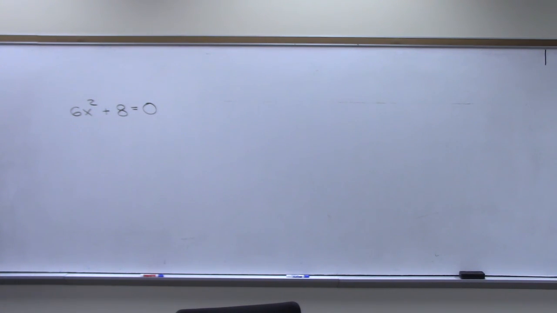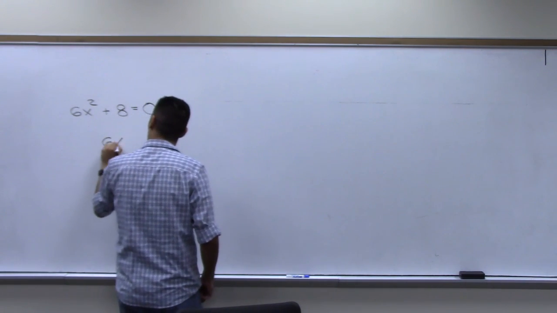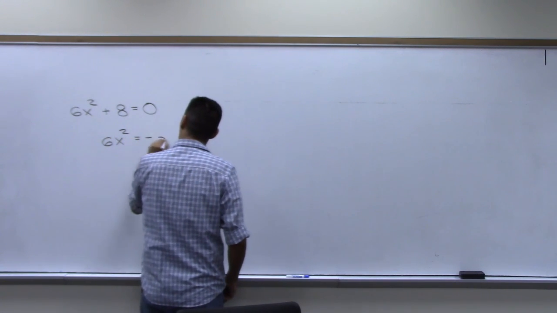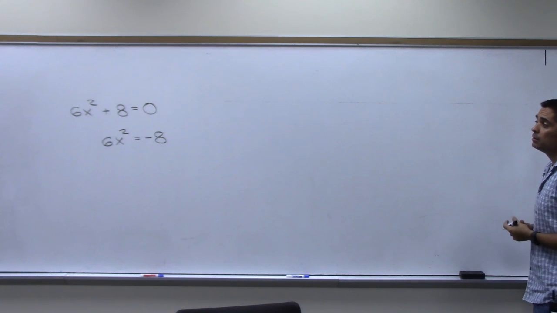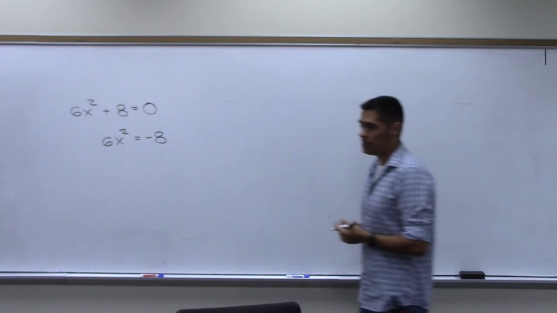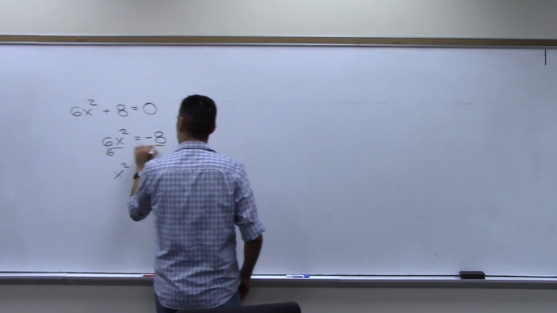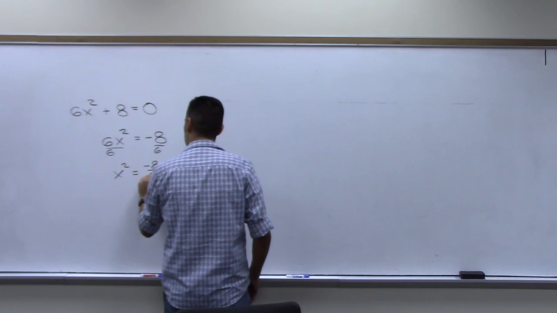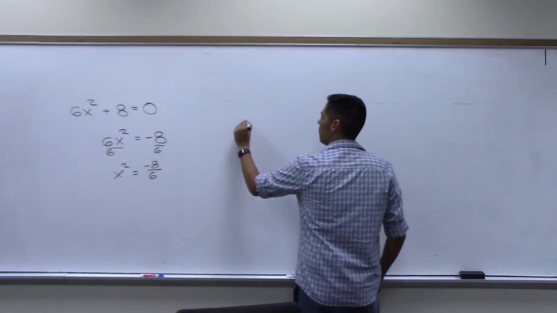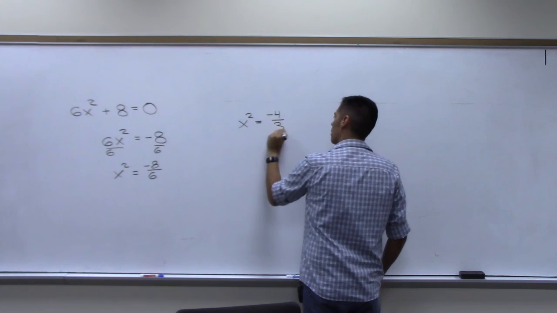So I'm going to subtract the 8, and I'll get that. Then I will divide by 6. So x squared is negative 8 over 6. That reduces, doesn't it? That becomes x squared is negative 4/3.